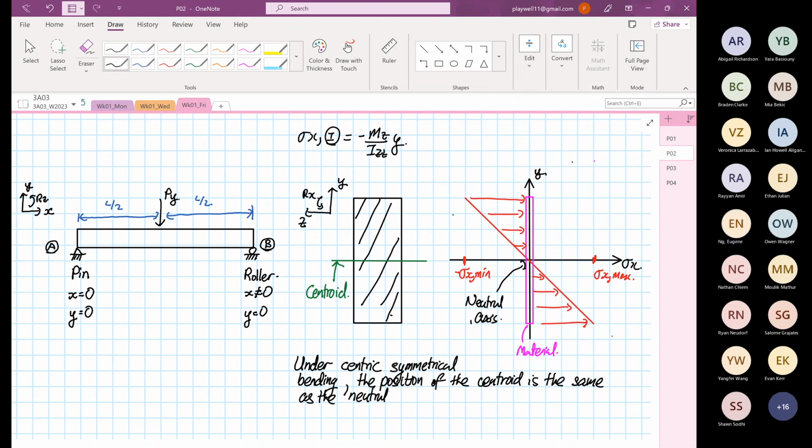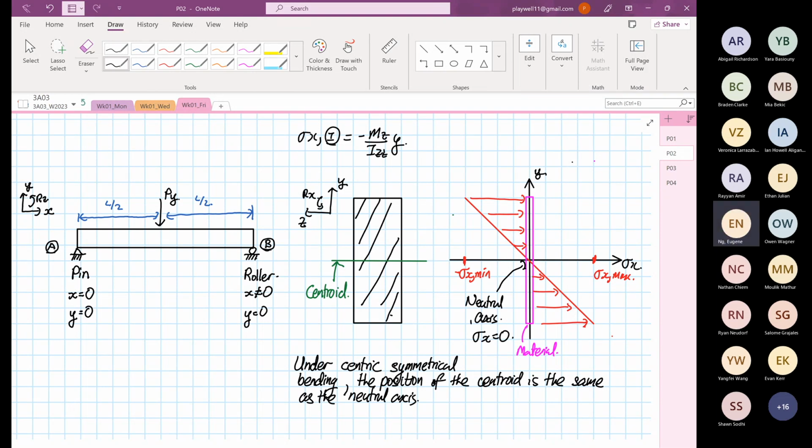Neutral axis. Now we specify the neutral axis is at that position because the normal stress in X is equal to what? 0. Yes? Okay. So only under centric symmetrical bending, right?